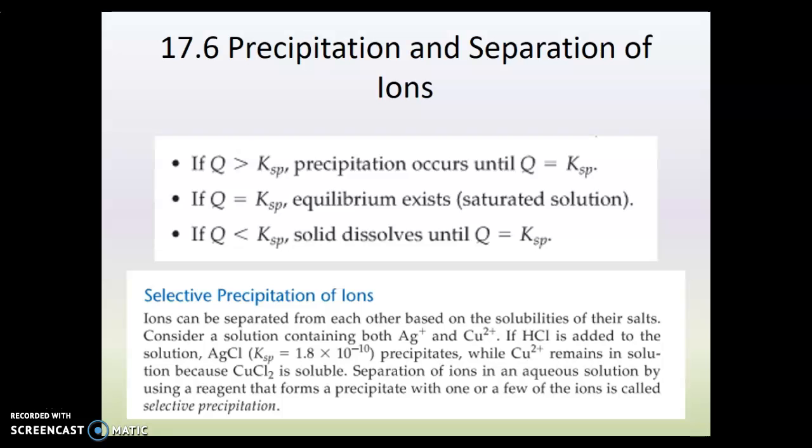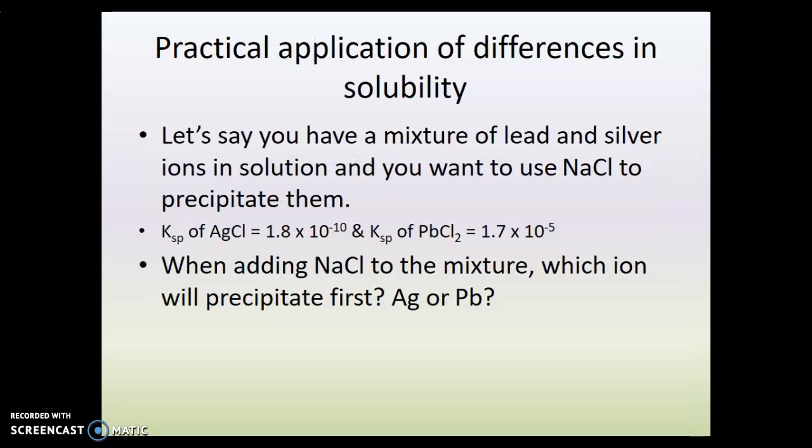Silver is much, much less soluble than copper is, right? So if you added sodium chloride or hydrochloric acid to a solution made up of silver ions and copper ions, you would precipitate the silver, and then you would be left with copper in solution. And then you could do that precipitation later. So it's a really cool practical application.